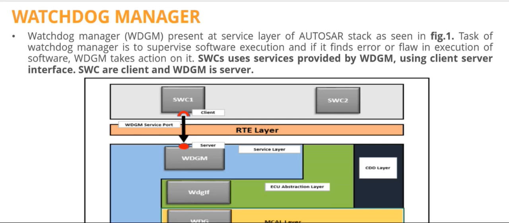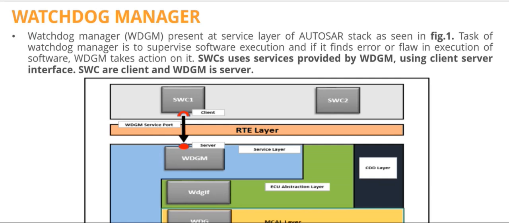So in order to ensure all the software components or modules are working properly, the watchdog manager has assigned those components or modules, and that assignment is called the supervision part: the software which needs to be supervised by the watchdog manager.